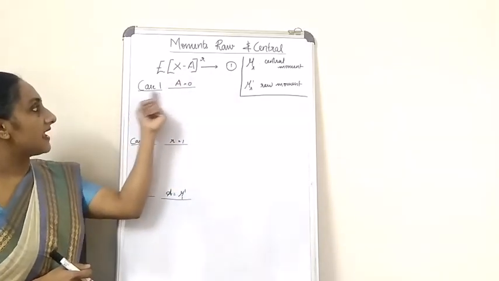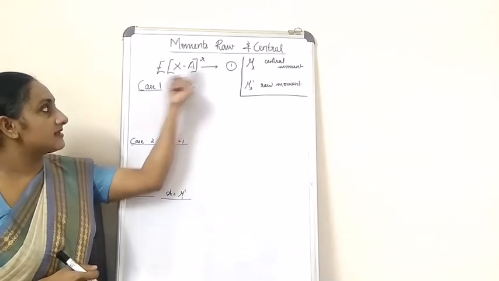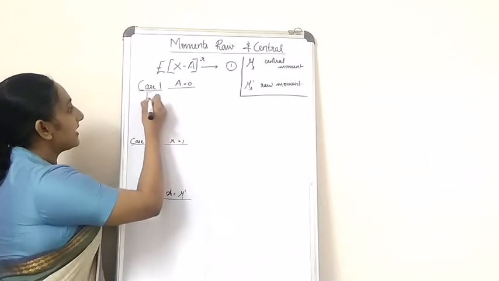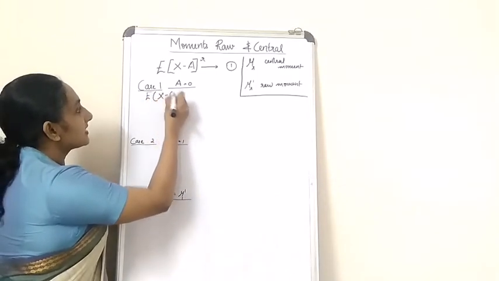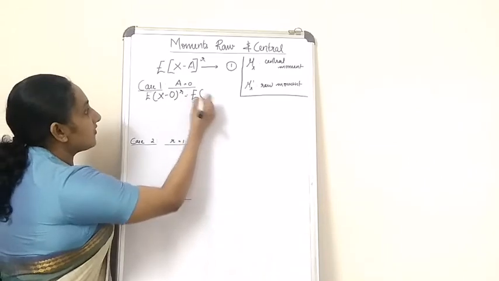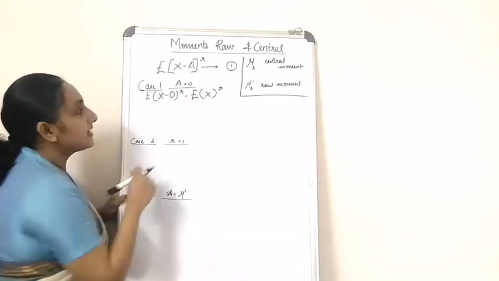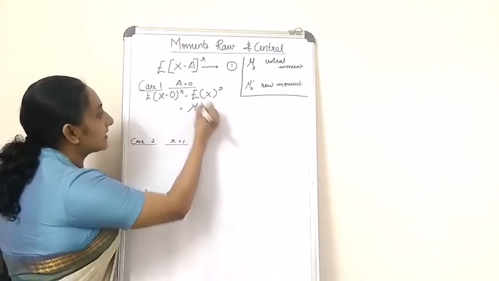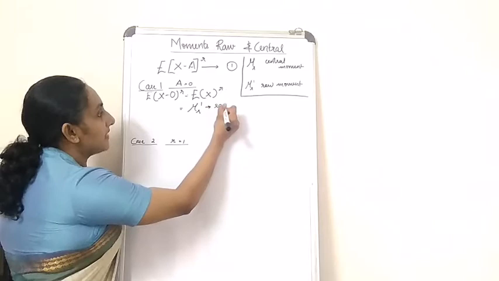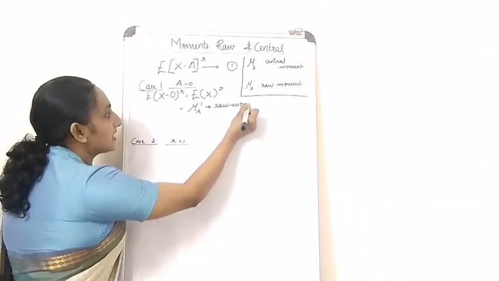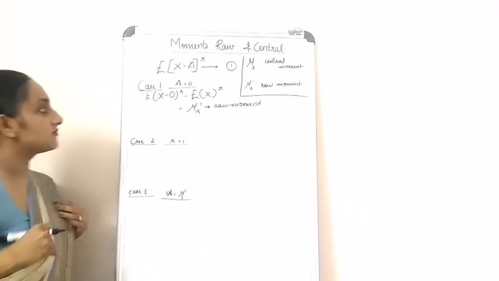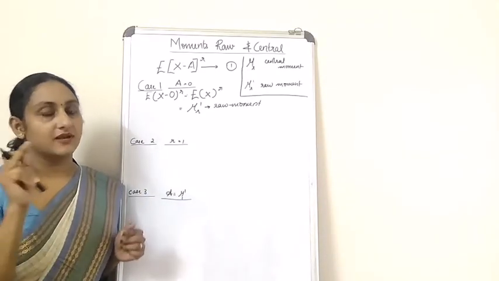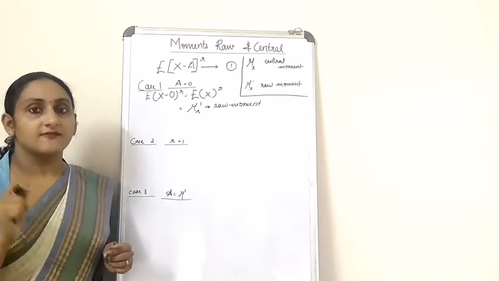When a is equal to 0, we get the expectation of x the whole raised to r. This we denote by mu r dash, which is the raw moment, the rth raw moment of the random variable x. So that is the first case.